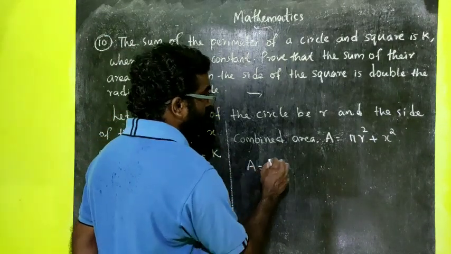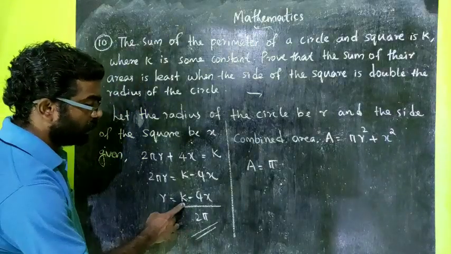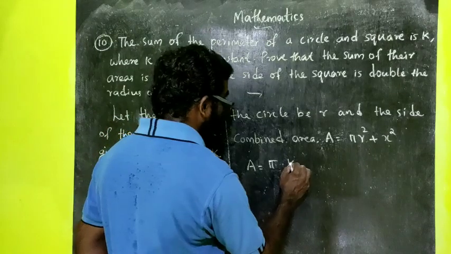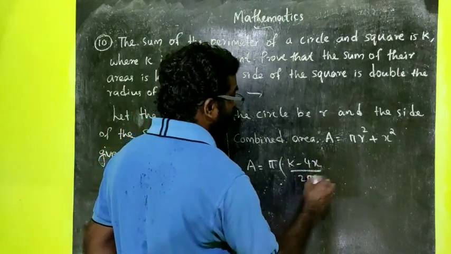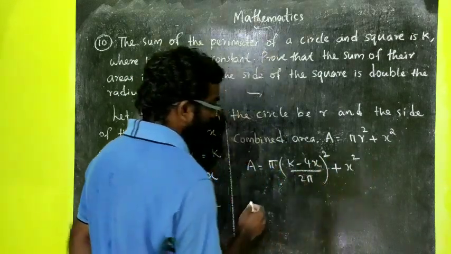That is, A is equal to π into the value of r in terms of x, (k minus 4x) divided by 2π, the whole squared, plus x².